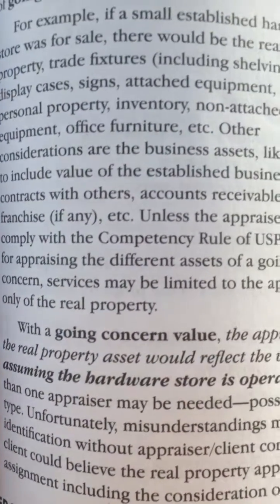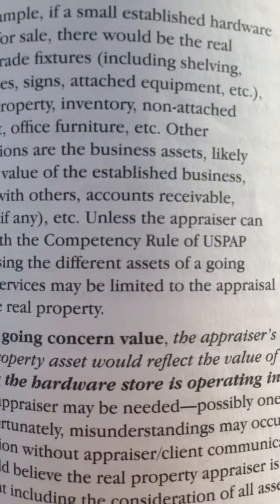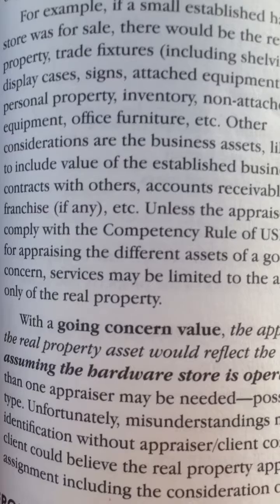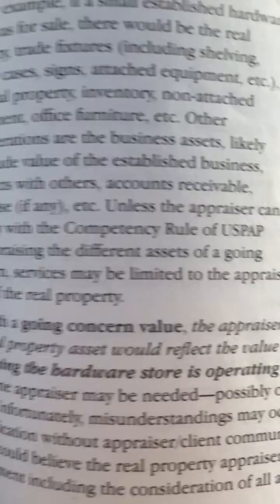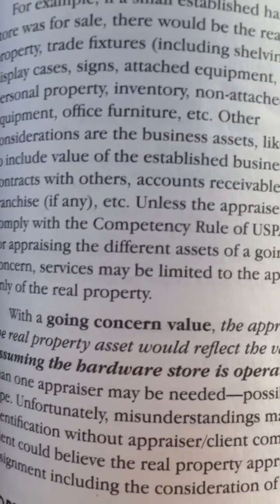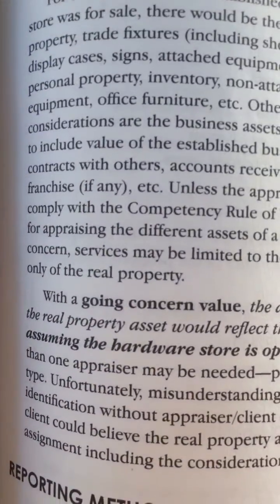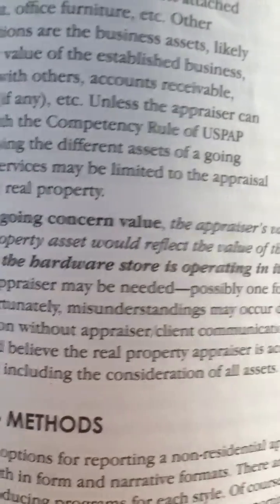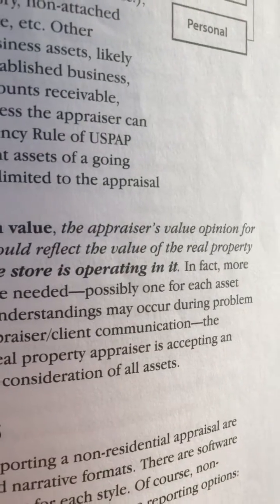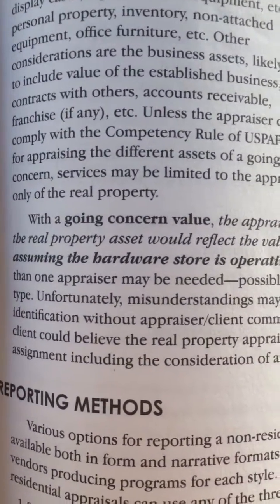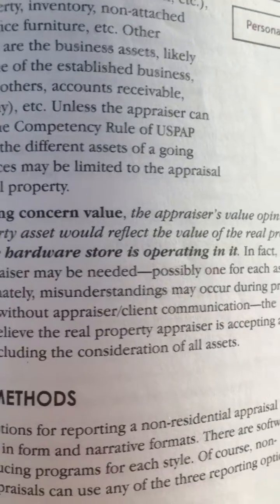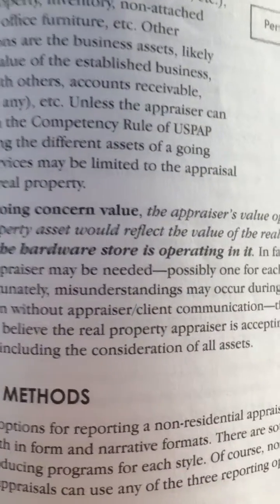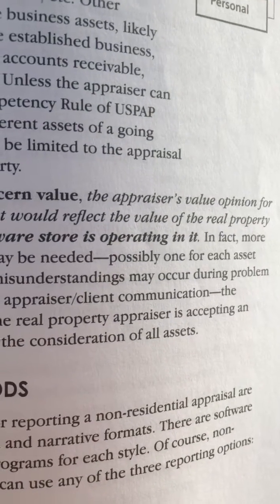Unless the appraiser can comply with the competency rule of USPAP for appraising the different assets of a going concern, services may be limited to the appraisal only of the real property. With a going concern value, the appraiser's value opinion for the real property asset would reflect the value of the real property, assuming the hardware store is operating in it.